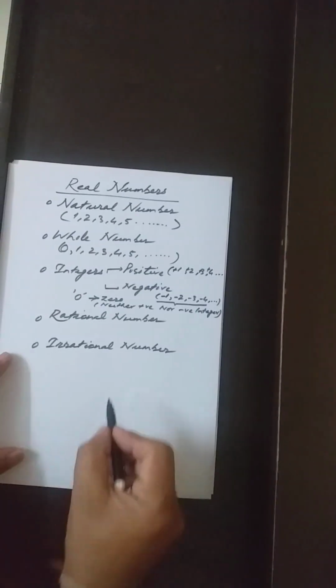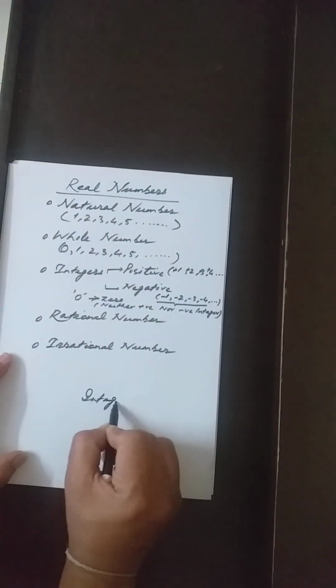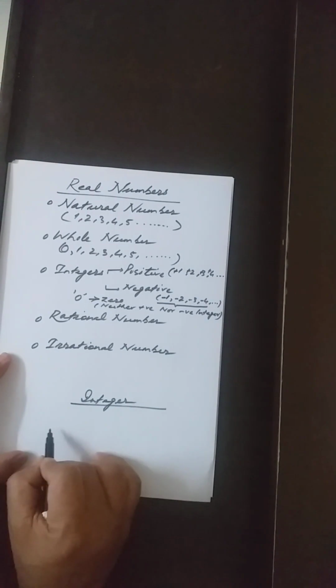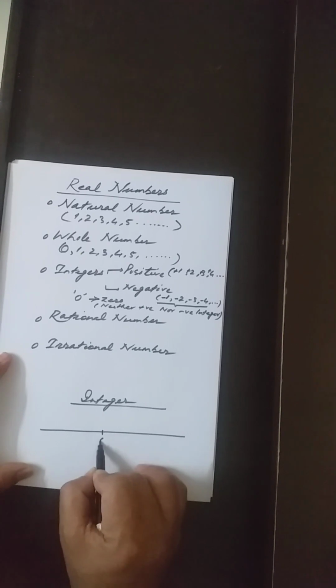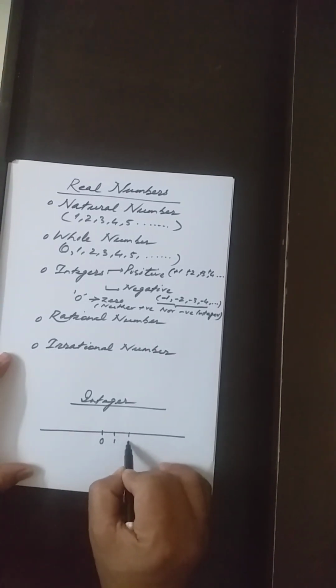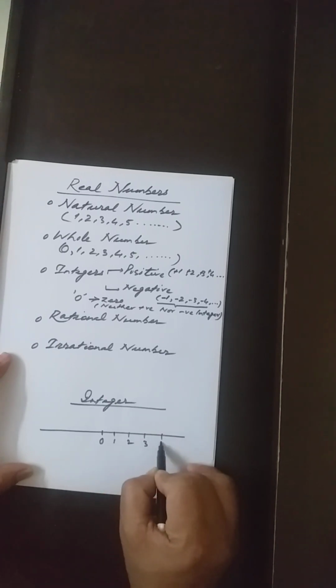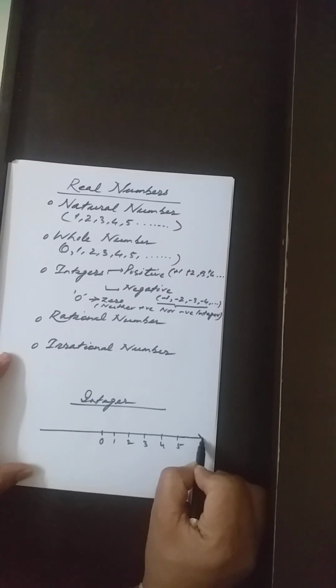We can also represent these integers on a number line. Number line means a scale where we have a 0, then we write number 1 on the right, followed by 2, 3, 4, 5, and so on and so forth. Put the arrow over here.